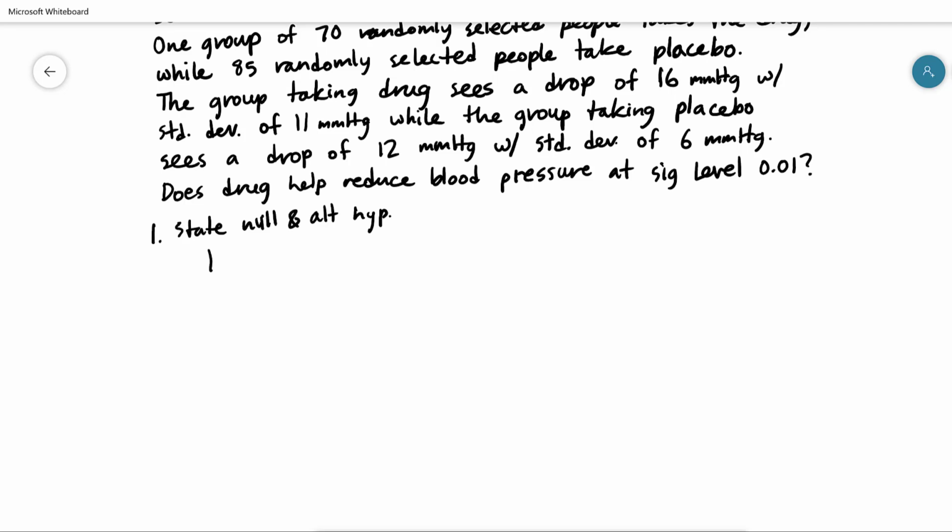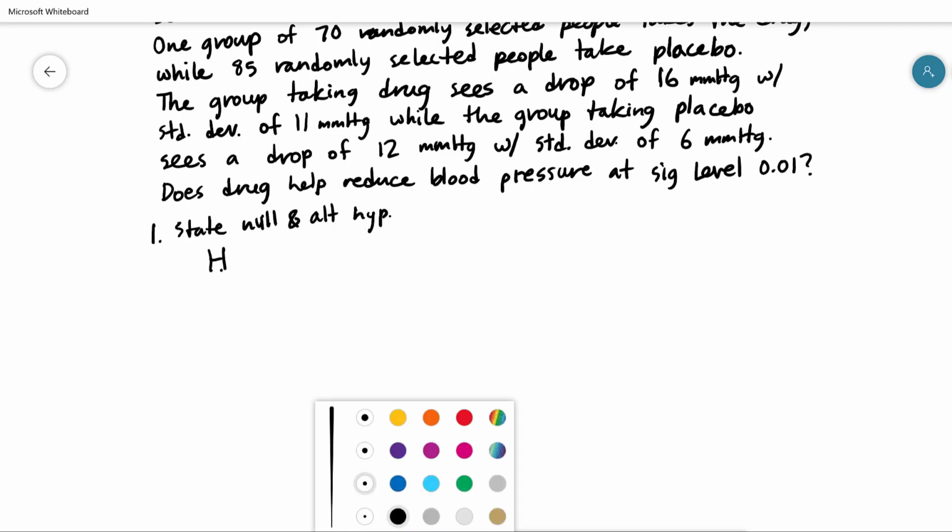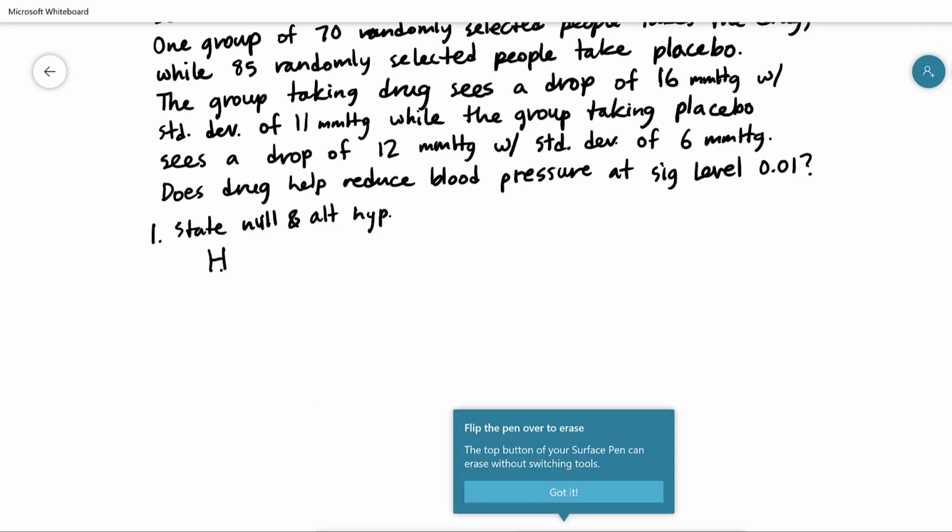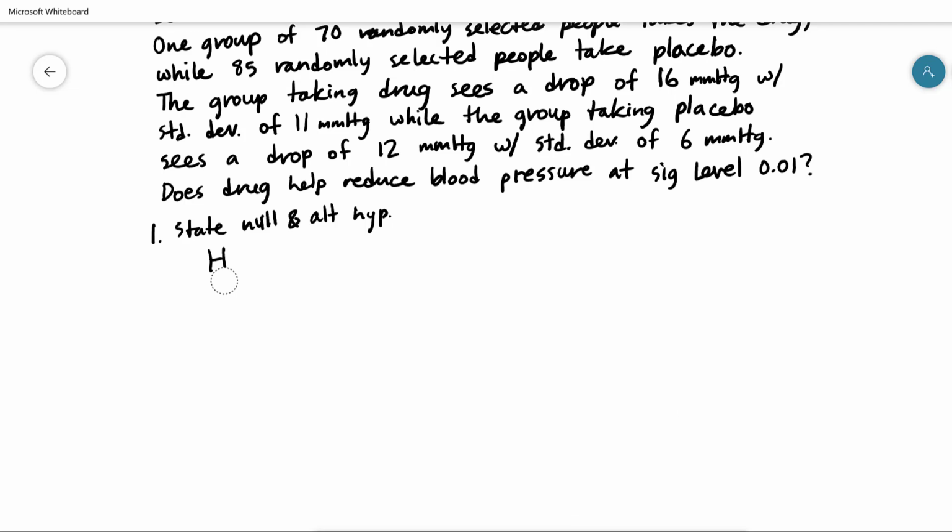And again, the null hypothesis is always, so in math, the word null basically means nothing. That's kind of the idea that it is going to mean here. The null hypothesis is the idea that nothing happened. The drug did nothing.